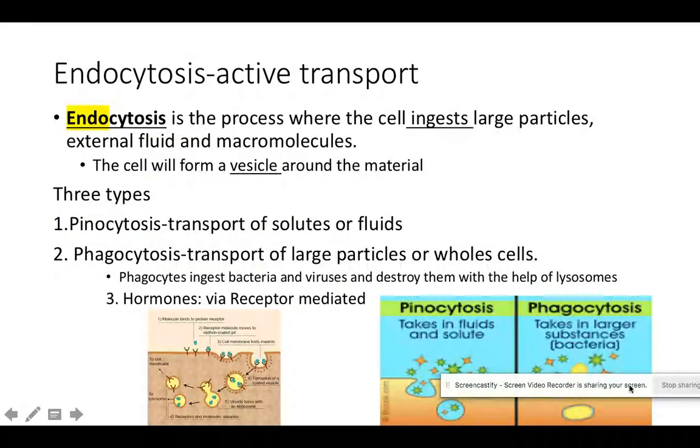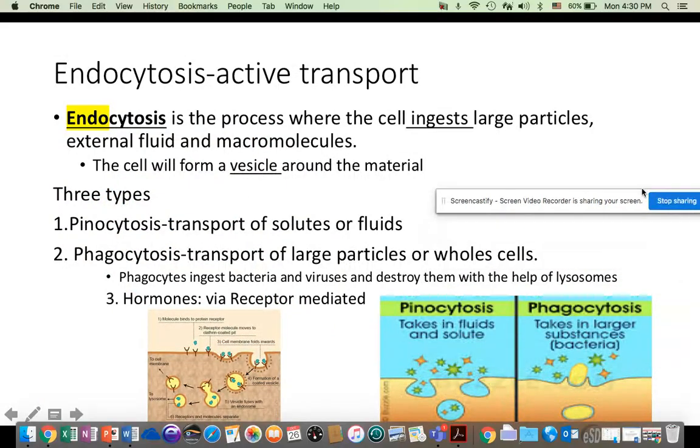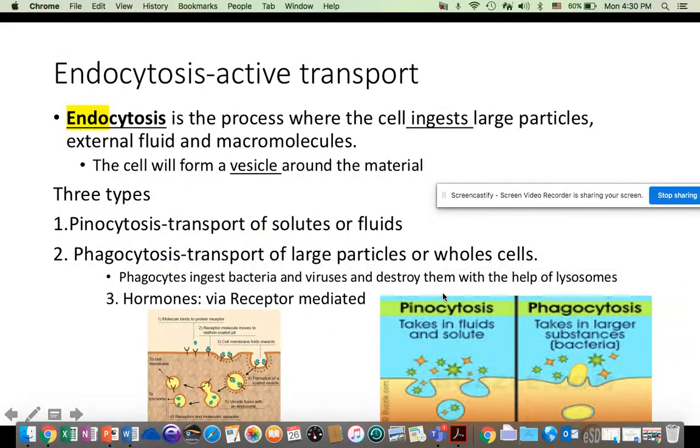So these are just examples of endocytosis. Again, that's active. Here it's highlighted yellow. In endo or exo, there's actually a vesicle surrounding, and that's actually a pinching off of the cell membrane. So one example would be pinocytosis.